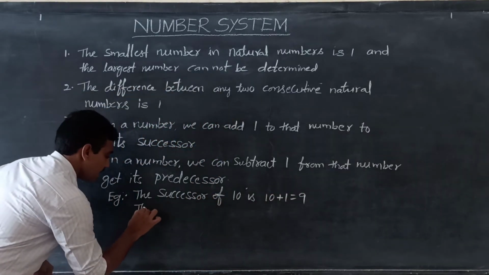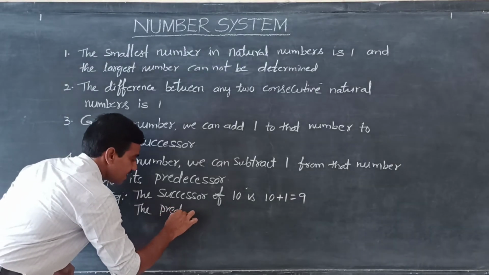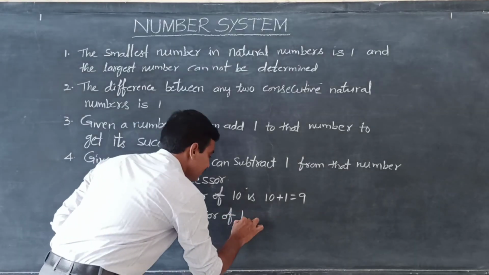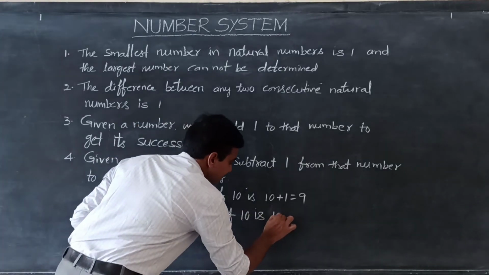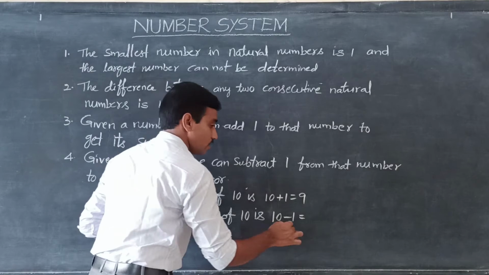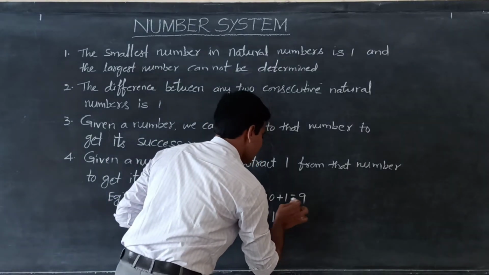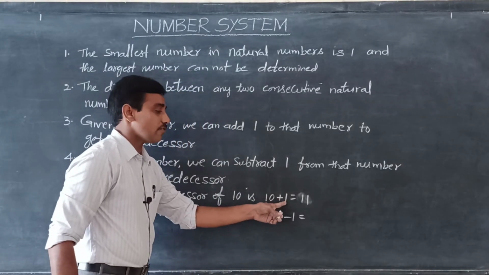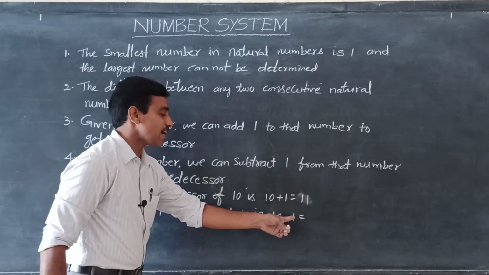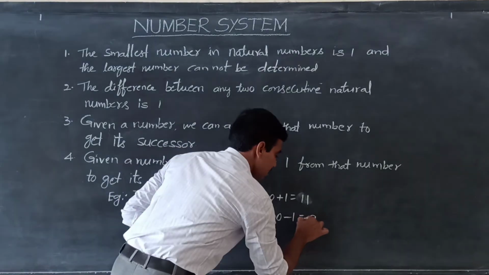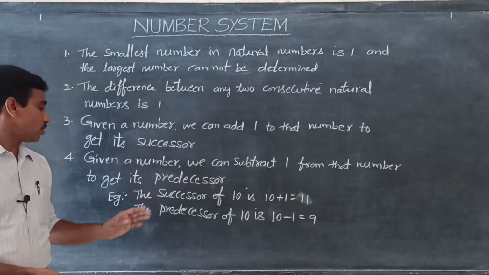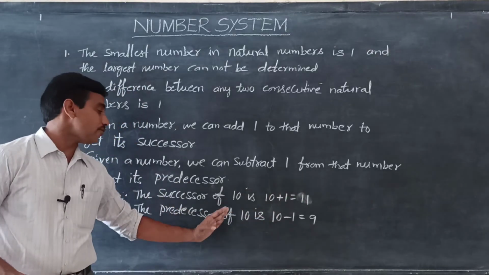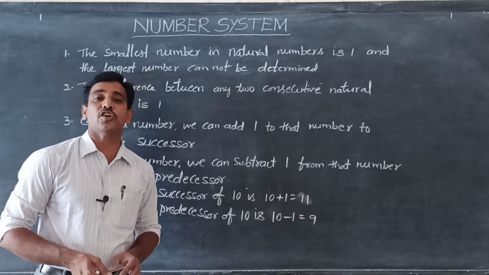Next, the predecessor of 10 is 10 minus 1, which is 9. So the successor of 10 is 10 plus 1, 11. The predecessor of 10 is 10 minus 1 equal to 9.